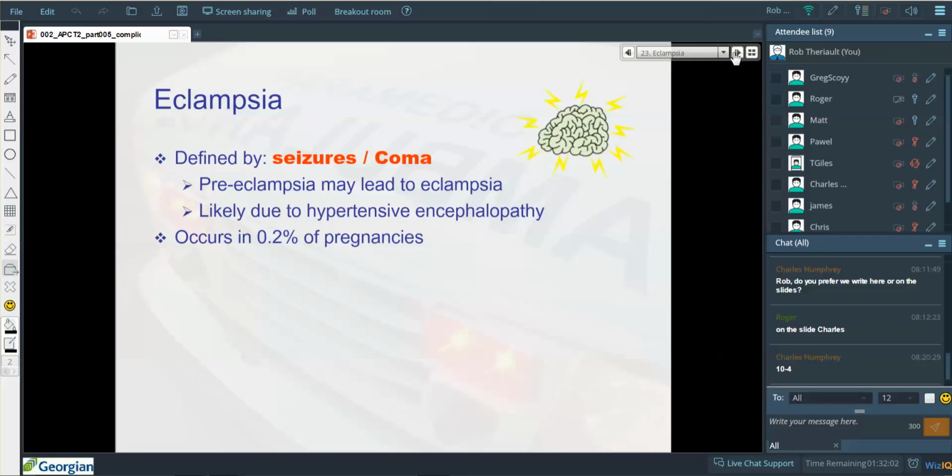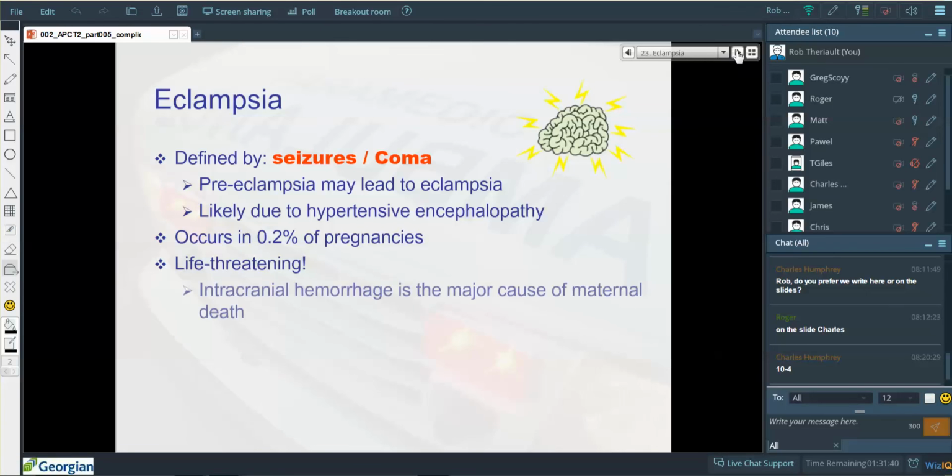I guess that's good, but unfortunately we see our rate of complications in pregnancies in the out-of-hospital setting is about 6% compared to 1% in hospital, because we see few pregnant patients, but the ones who call 911 are a little more likely to have complications than the ones that don't call 911. So this is life-threatening, and generally the cure is delivery of the baby. Intracranial hemorrhage is a major cause of maternal death, and maternal death equals fetal death, obviously.